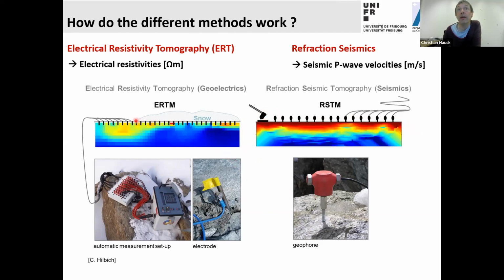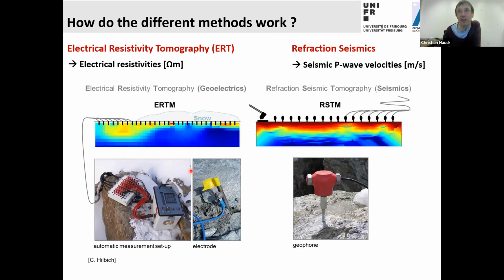And both can, from the resulting apparent resistivities, which are measured here, and travel times, which are measured in seismics, both can be inverted into giving tomograms, which can be tomograms on the same model grid, which we can then combine if we want to combine the elastic and the electrical properties.